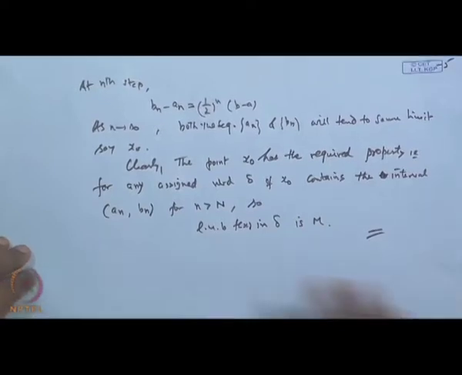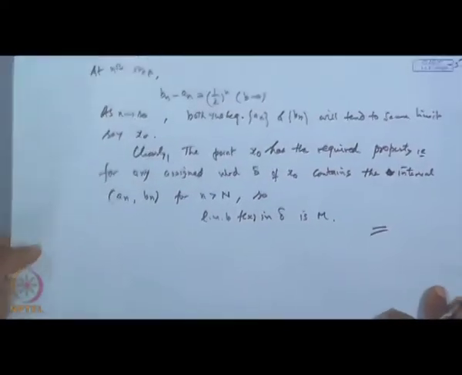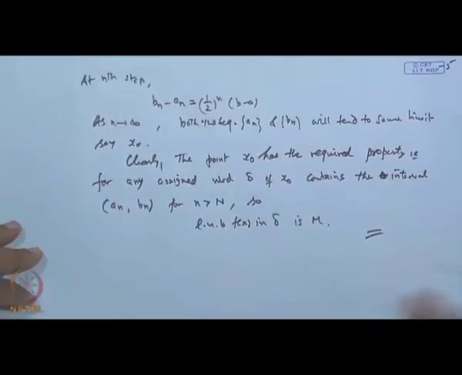So, now we come formally to the definition of continuity. There are two ways of defining continuity. One is given by Cauchy, another one is given by Heine. Cauchy has taken it in the form using the epsilon-delta definition, that is, in terms of intervals, while Heine has defined the continuity of the function in terms of the limit of sequences.